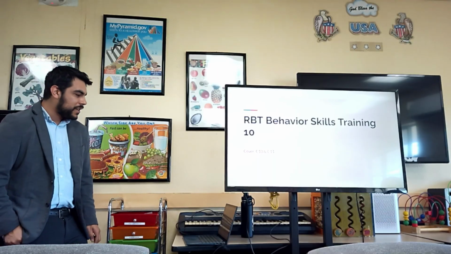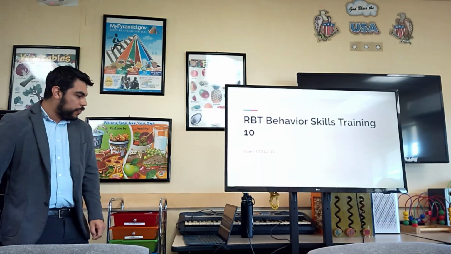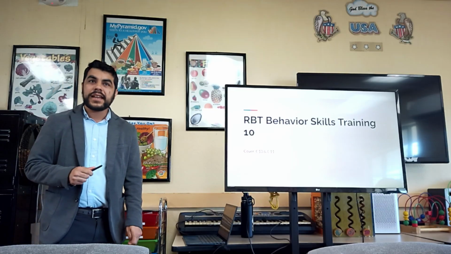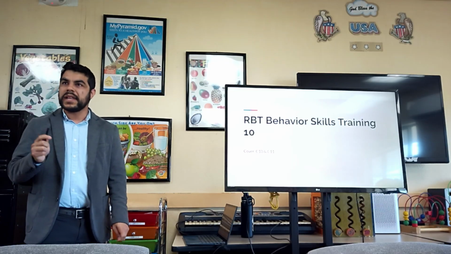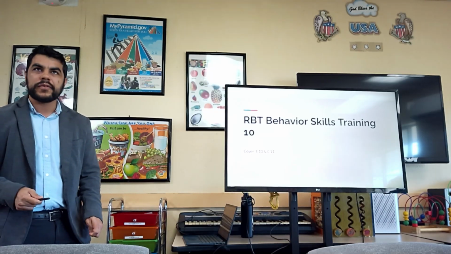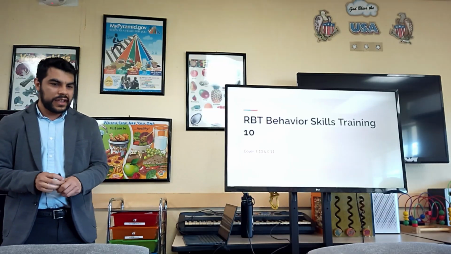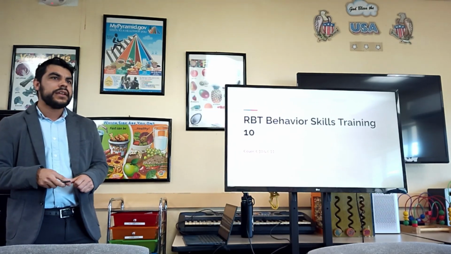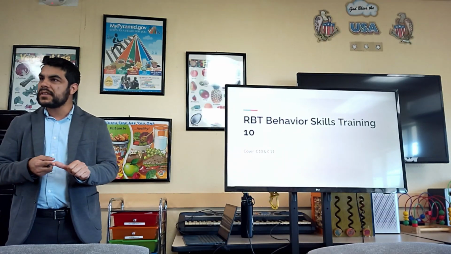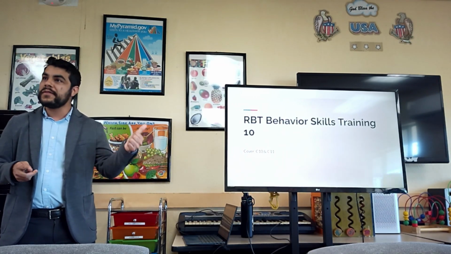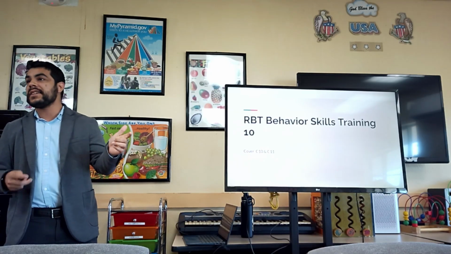Okay, great. So we're going to start off with the review questions I left off from last time. If you guys remember, we're talking about generalization and maintenance. Just as a brief refresher, stimulus generalization is when the same behavior occurs in a different context.